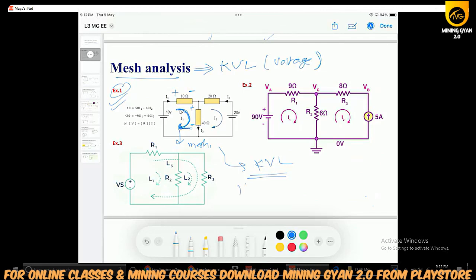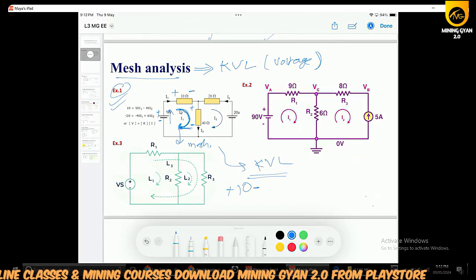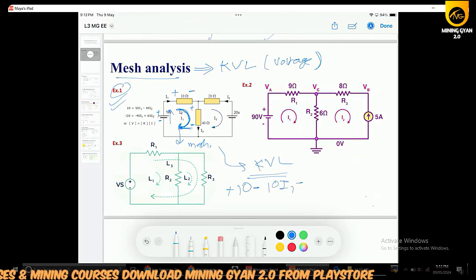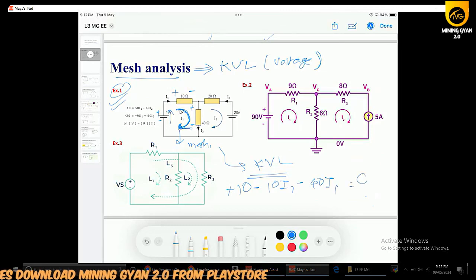We write plus 10 volts, because there is a potential rise if you go in this direction, minus 10 into I1, minus 40 into I1, equals 0. This is KVL equation 1.